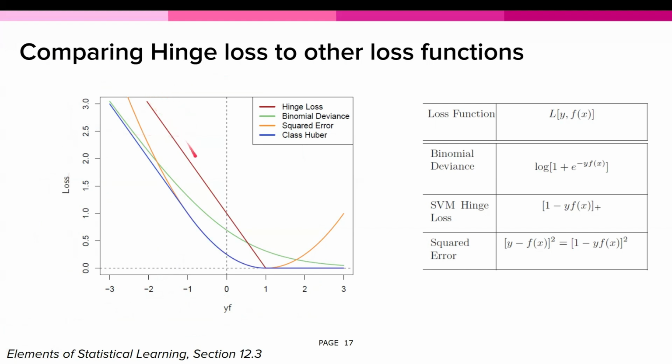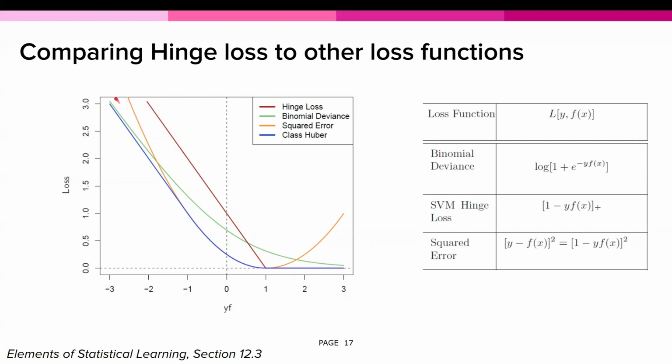The hinge loss that we're talking about today is shown in red. This is the one we're using for the soft margin SVM. It gives zero loss, zero penalty for points that are correctly classified with a margin greater than 1, and a linear penalty for points inside the margin or on the wrong side of the hyperplane. It continues to increase linearly as we move away from the margin in the wrong direction.